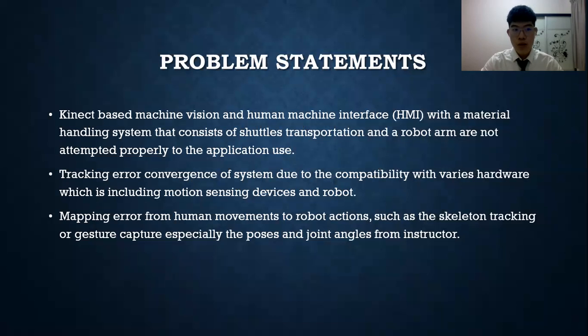The second one is the tracking error convergence of the system due to the compatibility with various hardware, including the motion sensing device and the robot. And also the mapping error from the human movements to robot actions, such as the separated tracking or gesture capture, especially for the user process and the jaw inverse.